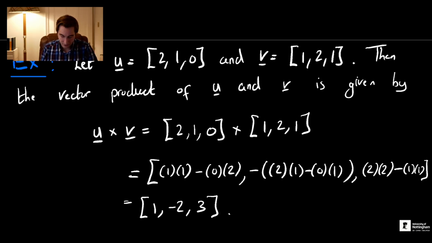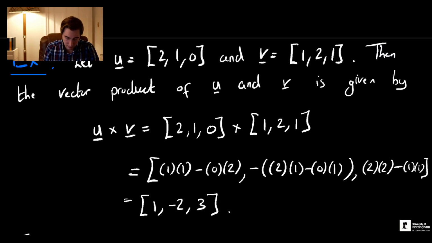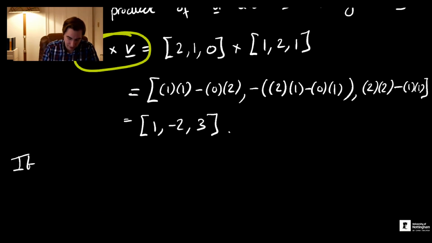And then it follows from what we said previously that the norm of this quantity corresponds to the area of a parallelogram spanned by the vectors u and v.